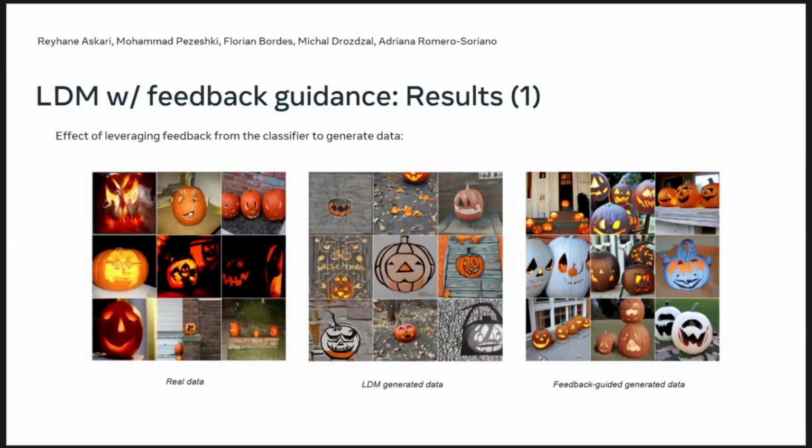In this case, we see that there is somewhat little diversity, in the sense that the background of all of the generations is most of the time grayish, and there is most of the time a single pumpkin depicted, and there's little variety in the colors. However, when we leverage the feedback guidance, and so those are generations of images that induce high entropy in our classification model, we see a lot more diversity in the number of objects that appear in the scene, in the backgrounds, and also in the colors of those objects.